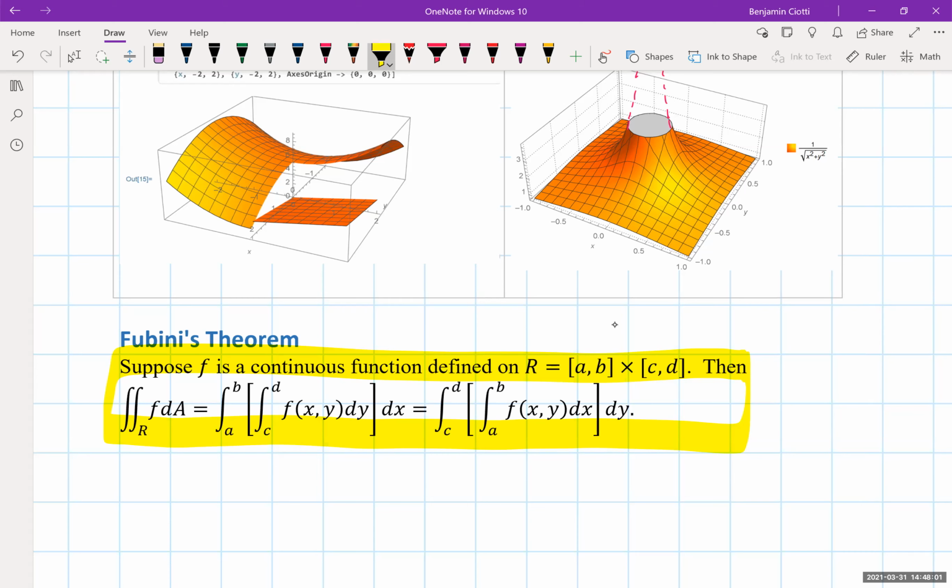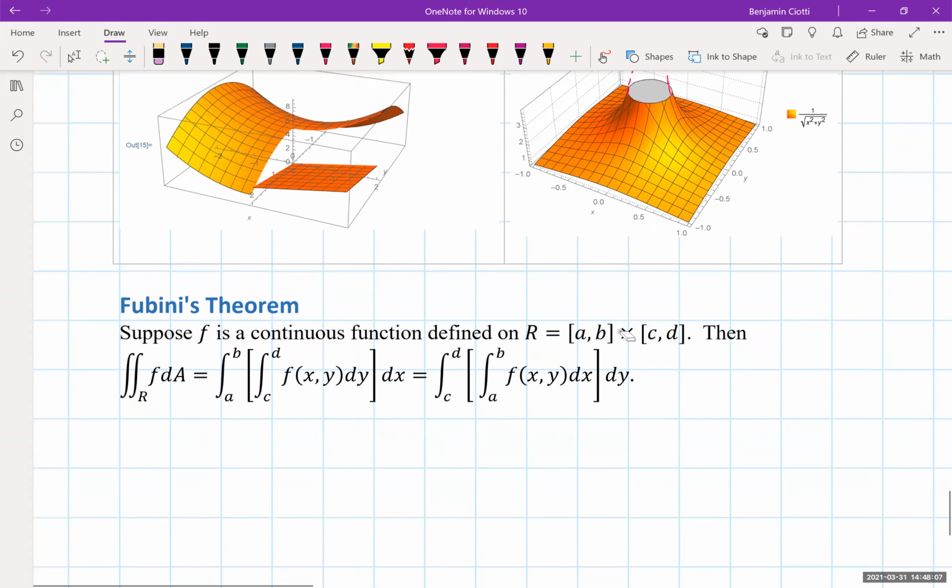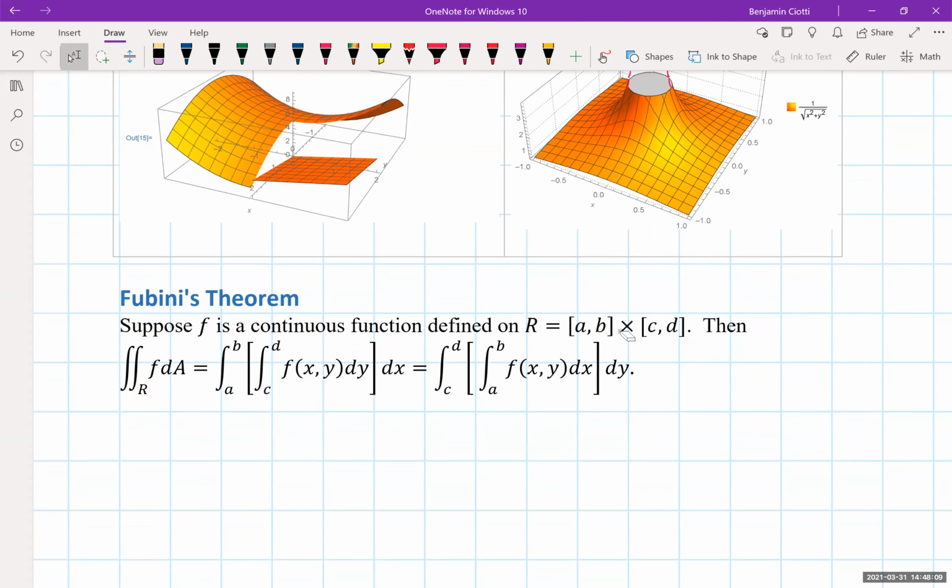For most of your purposes, it's basically a repeat of what you've already learned. It just says that if you want to evaluate an integral of some function over a rectangle, then you can evaluate it by doing two iterated integrals.